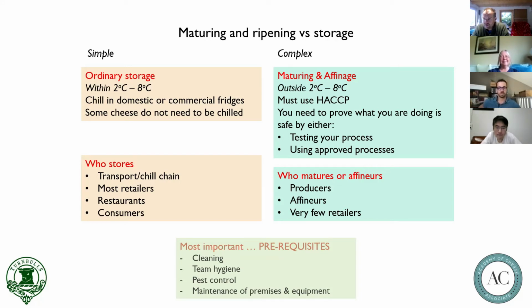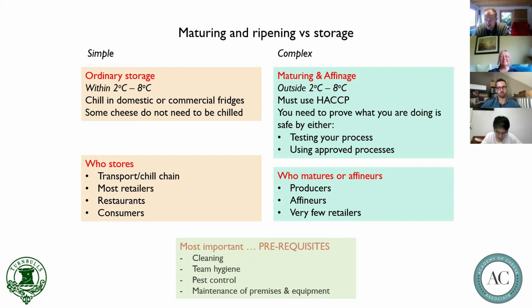Make sure there are no critters knocking around, no cockroaches, no mice, no something like that. And you look after your kit. No screws falling out of your air conditioning or dribbling onto your cheese making process or something like that. They are basically non-production specific controls that everybody should be doing anyway. And we have this nice name called prerequisites. They're pre-required.